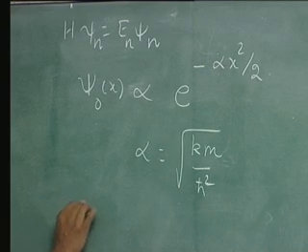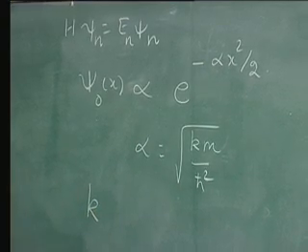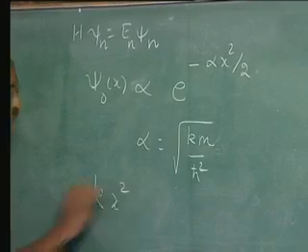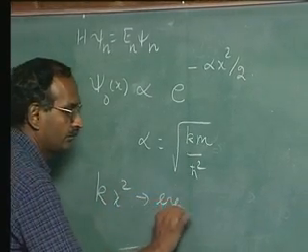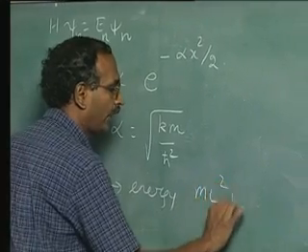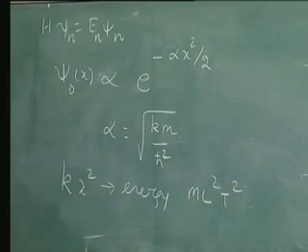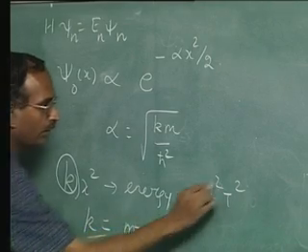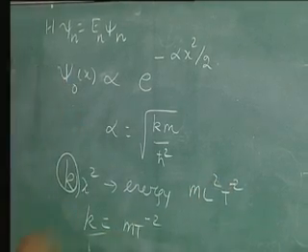What is the dimension of k, being a force constant? Recall that kx square represents energy, and energy is m l square t to the minus 2. The force constant has the dimension m t to the minus 2.